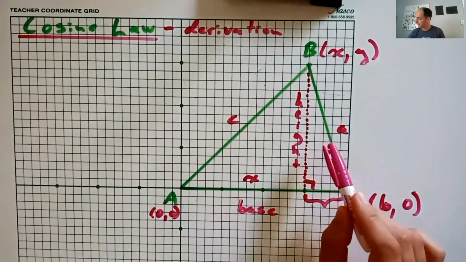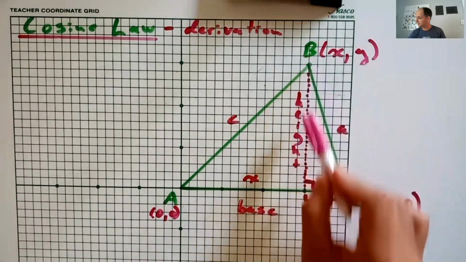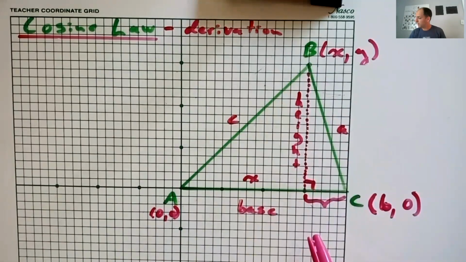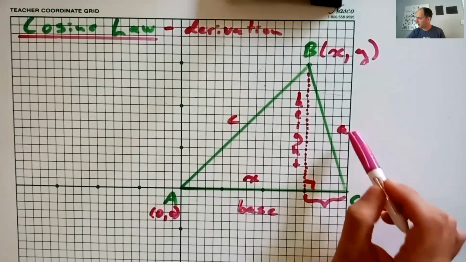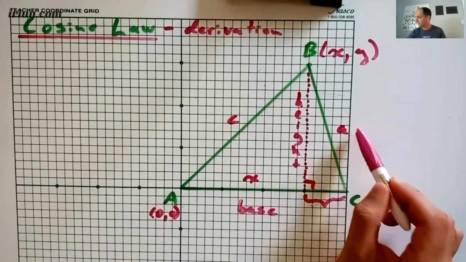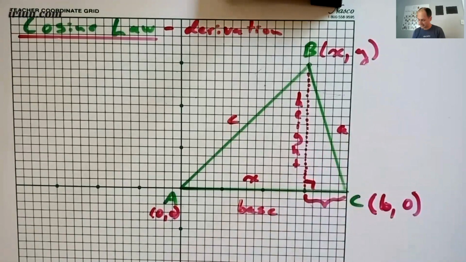Consider within triangle ABC, if we drop an altitude down from point B, we have a right angle triangle here with a hypotenuse of side A, and one of the legs is the height.